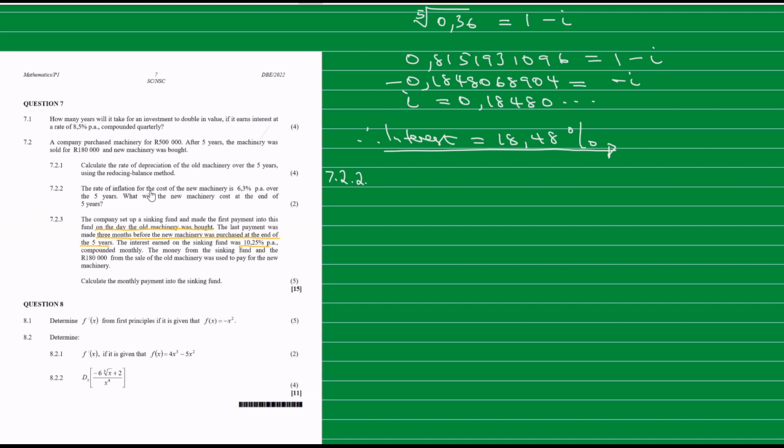The rate of inflation for the cost of the new machinery is 6.3% per annum over the 5 years. What will be the new machinery cost at the end of the 5 years?